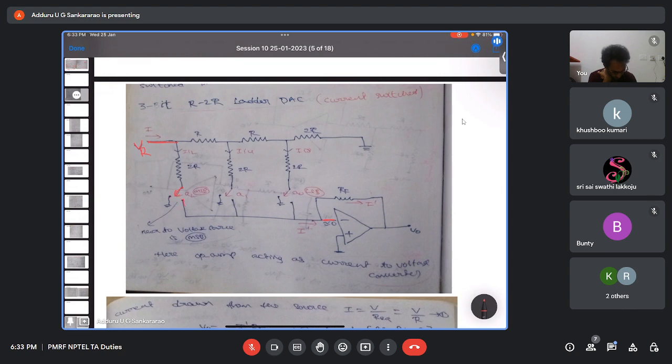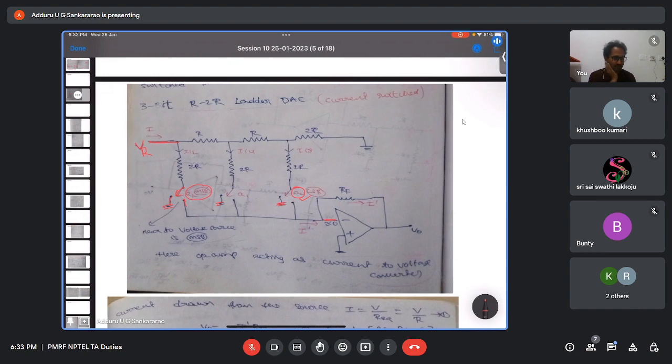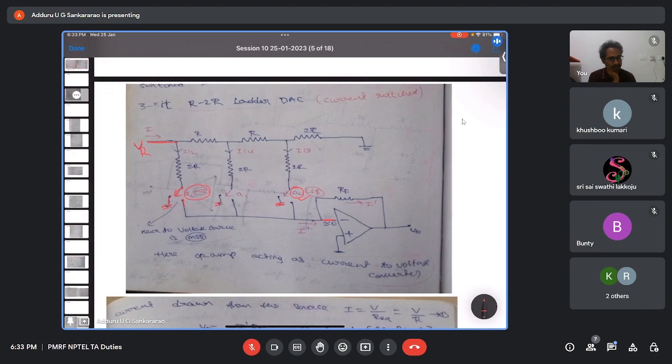If it is 0, connected to ground. But one thing: the bit which is near to the op amp is the LSB, and the one away from the op amp is the MSB. In the previous case, the one near to the op amp was the MSB, and away from the op amp was the LSB.